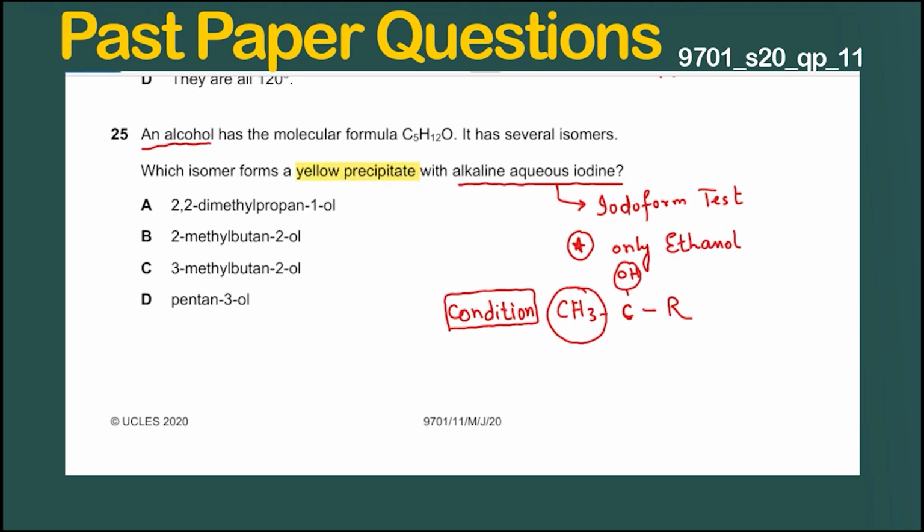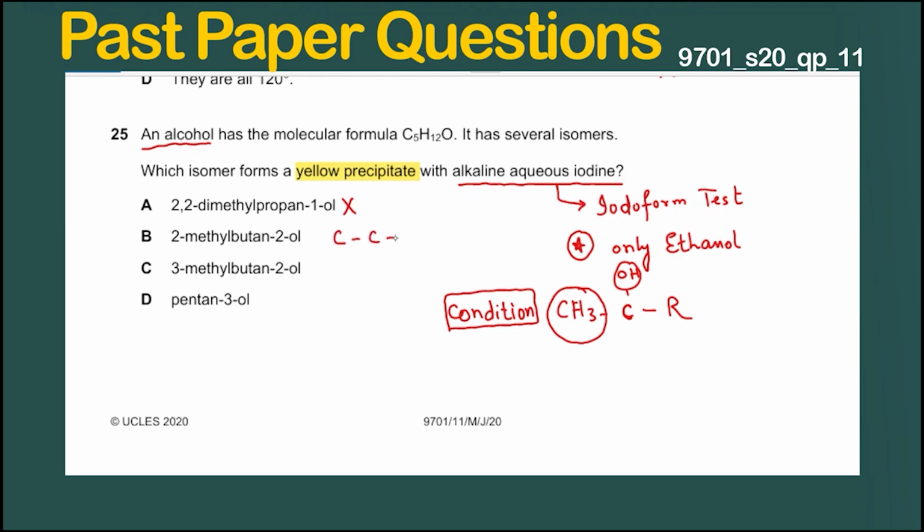All right. So we have 2,2-dimethyl propane 1-ol. So in this case, beta ji, what will the structure be? That is propane 1-ol. So it is not going to form any yellow precipitate because only ethanol can give this. 2-methyl butane 2-ol. Let's draw the structure of this compound.